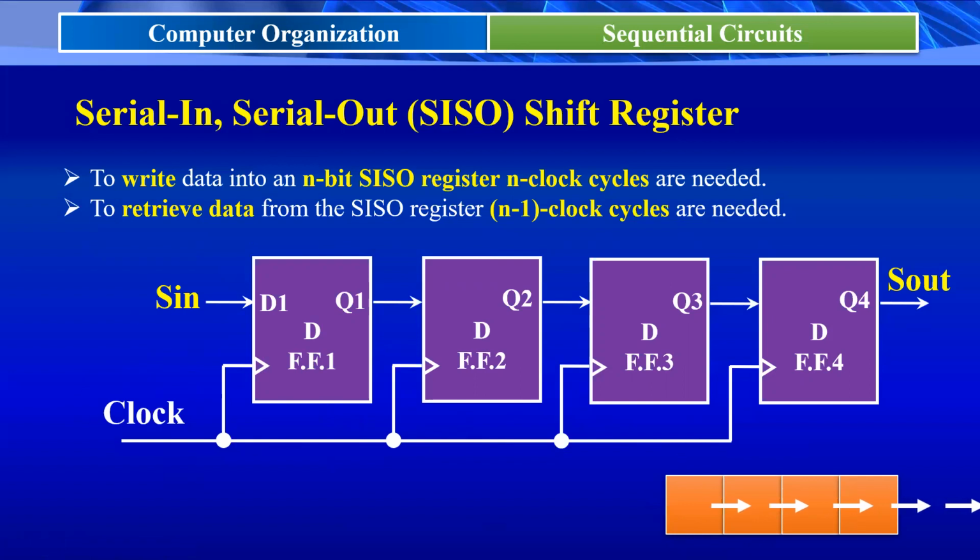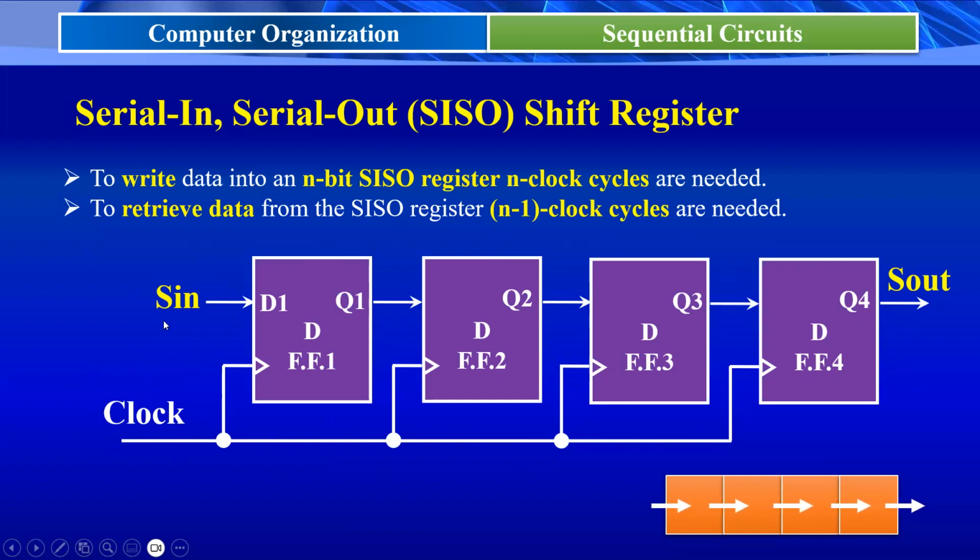To write data into this n-bit SISO register, we need n clock cycles because internally we have n flip-flops. For this case, we have 4 flip-flops, so it is a 4-bit SISO register. If I want to copy 4 bits of data into these 4 flip-flops of this SISO register, I need 4 clock cycles.